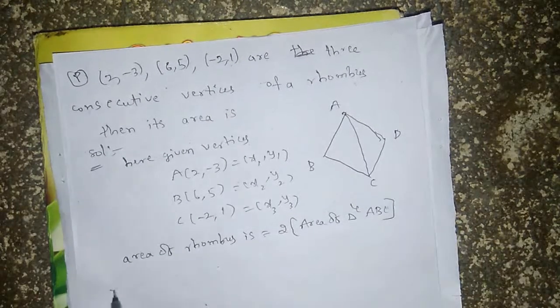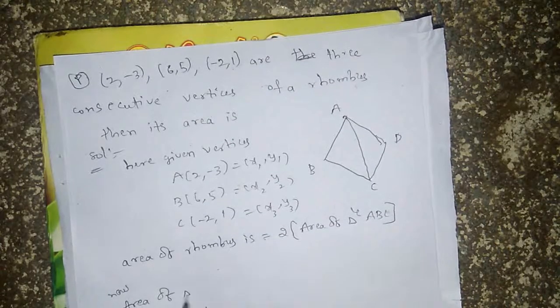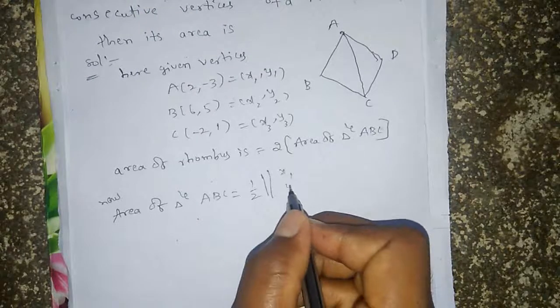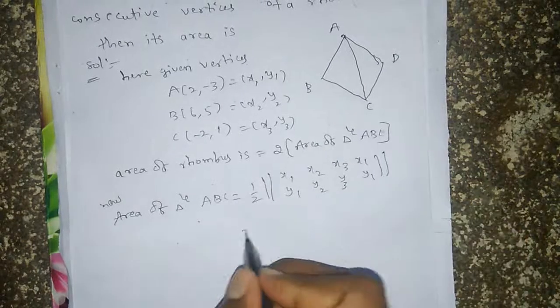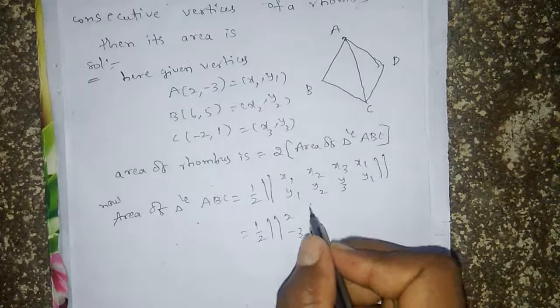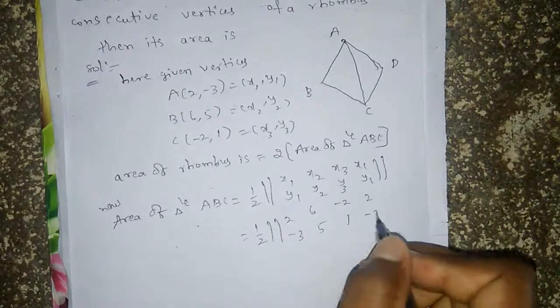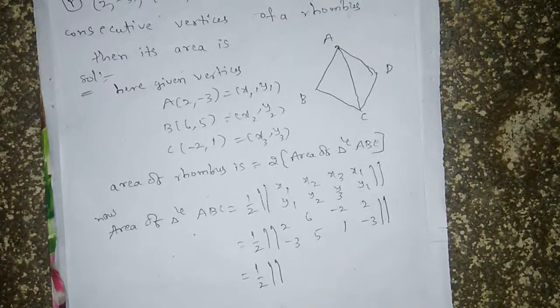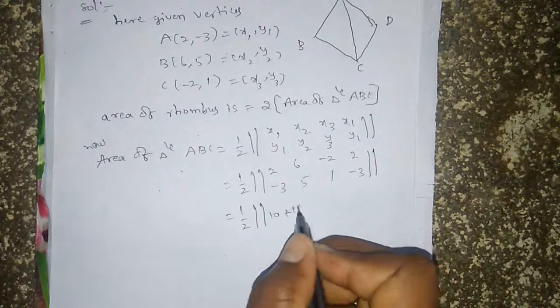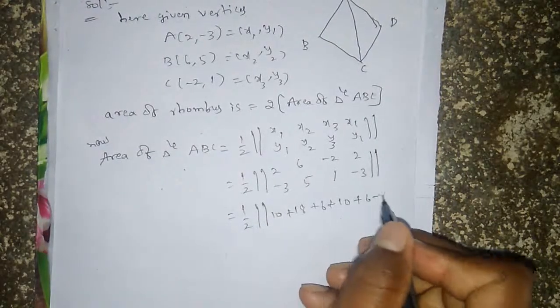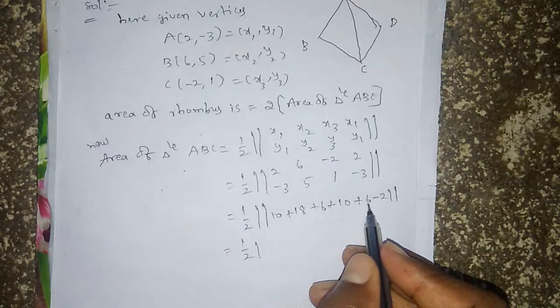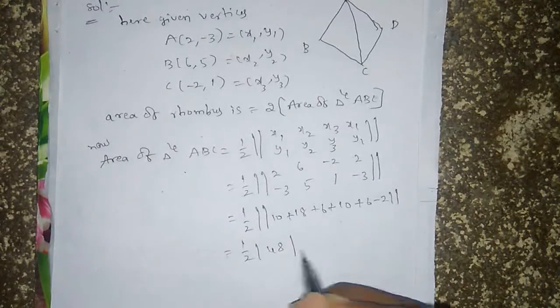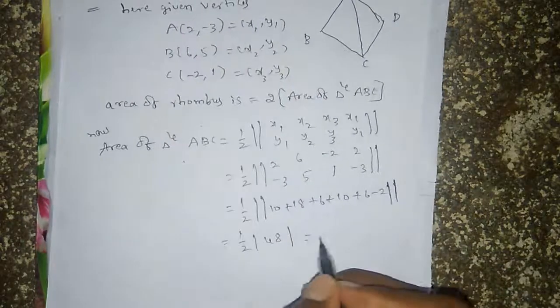First let us find area of triangle ABC, which is half mod |x1 y1; x2 y2; x3 y3; x1 y1|, half mod |2 minus 3; 6 5; minus 2 1; 2 minus 3|, half mod 10 plus 18, 6 plus 10, 6 minus 2, 28, 34, 44, 50, 48, is equal to 24.